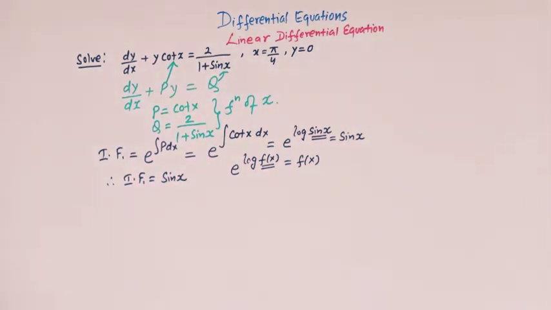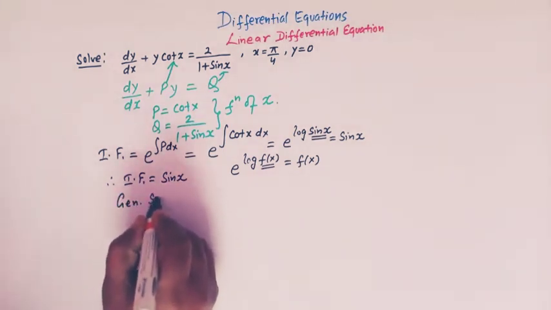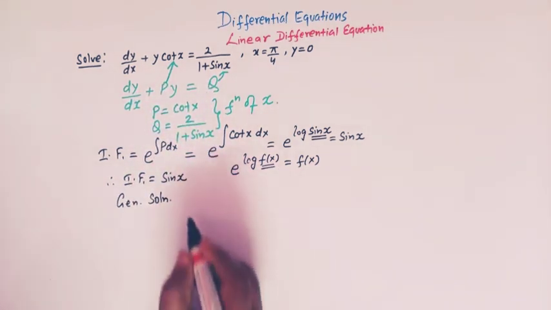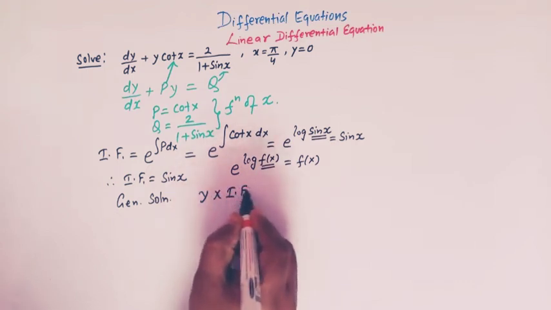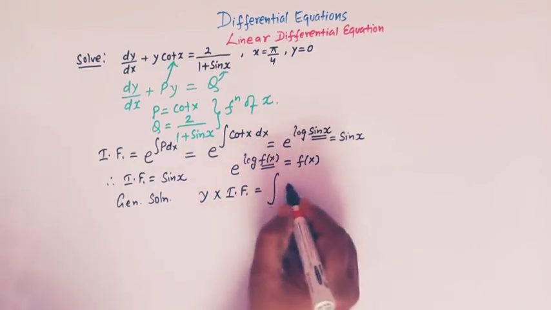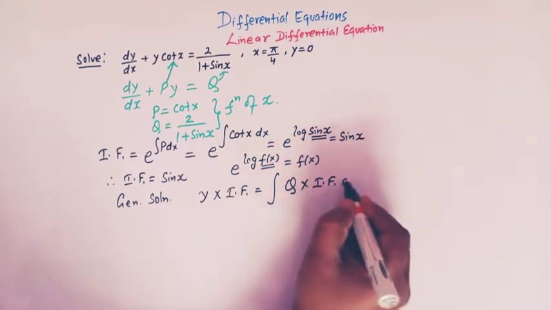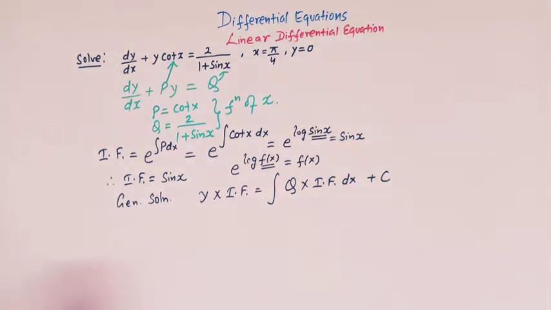Now we have to write the general solution. The general solution of this type of linear differential equation is given by y times integrating factor equal to integral of q times integrating factor dx, plus the constant of integration.